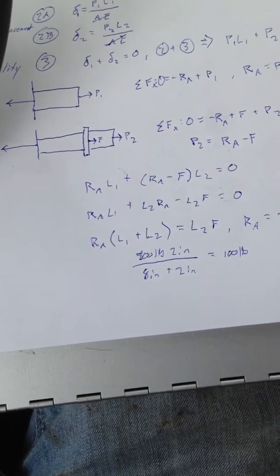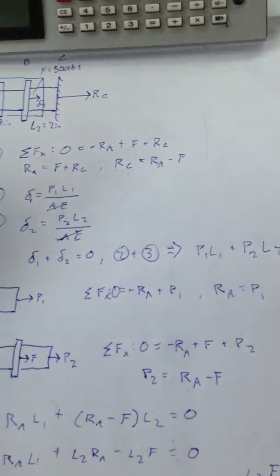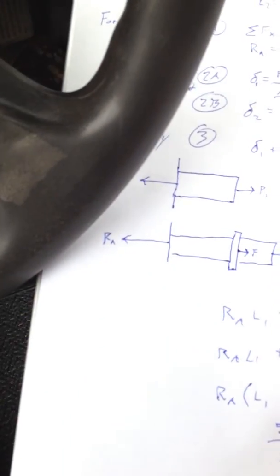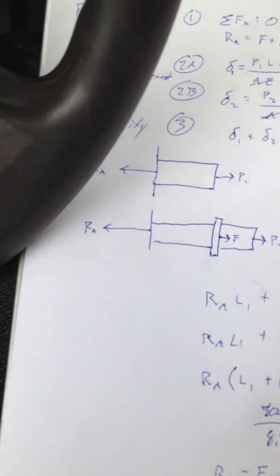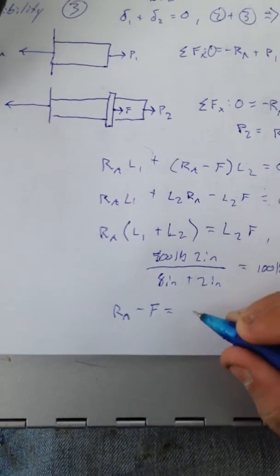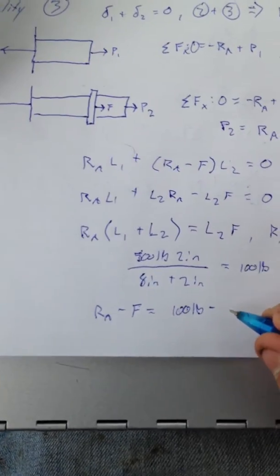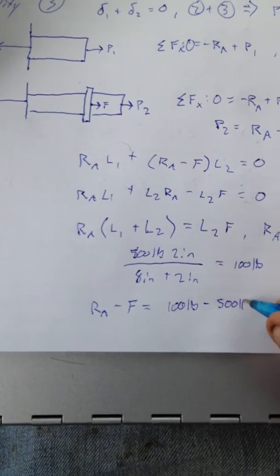Now, if we go back to the beginning where we said that RC equals RA minus F, we can do RA minus F because we know those. We just found RA is 100 pounds, so 100 pounds minus F, which we know is 500 pounds.